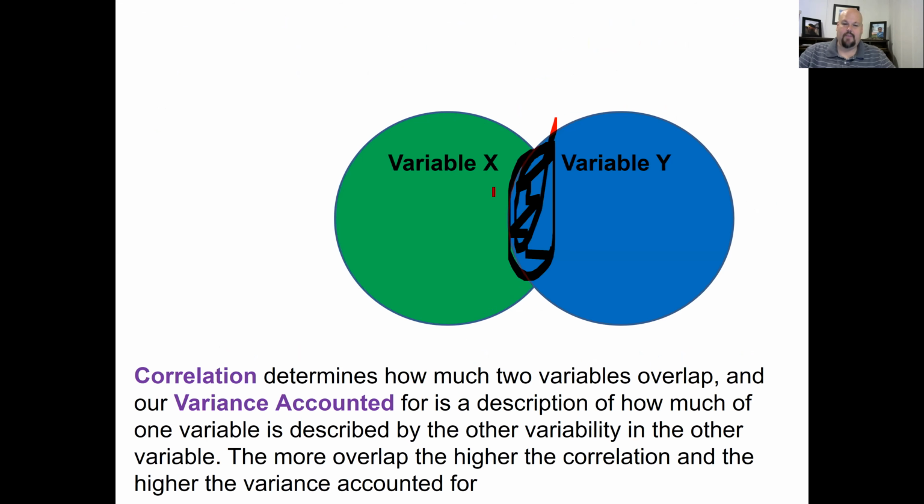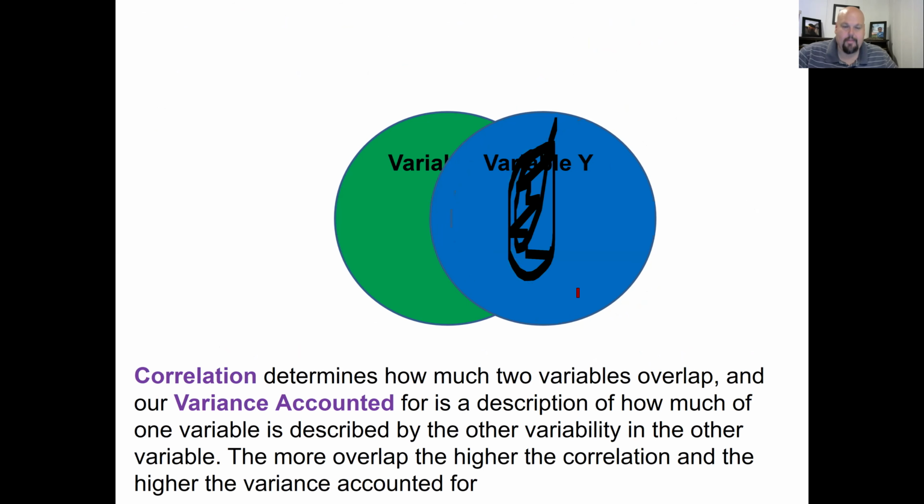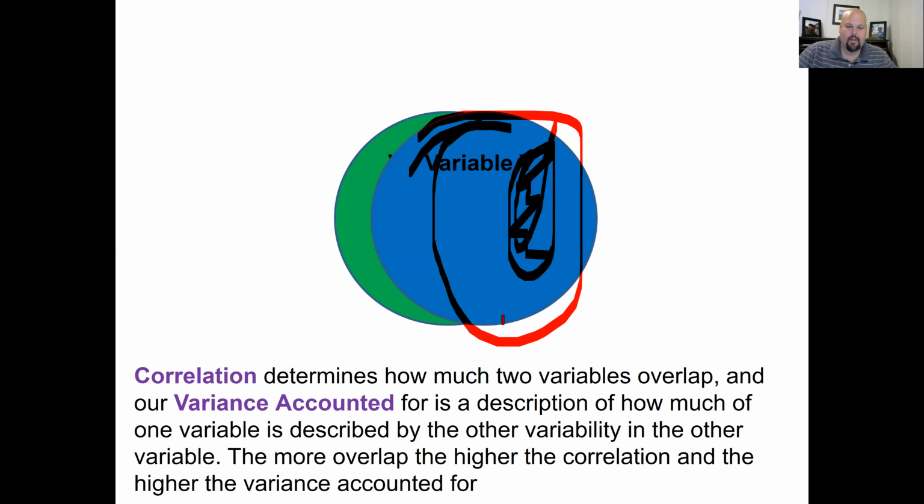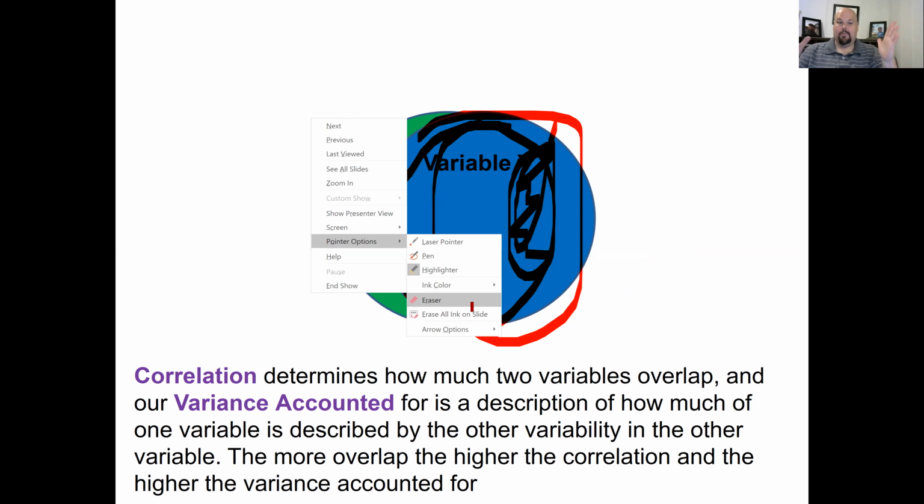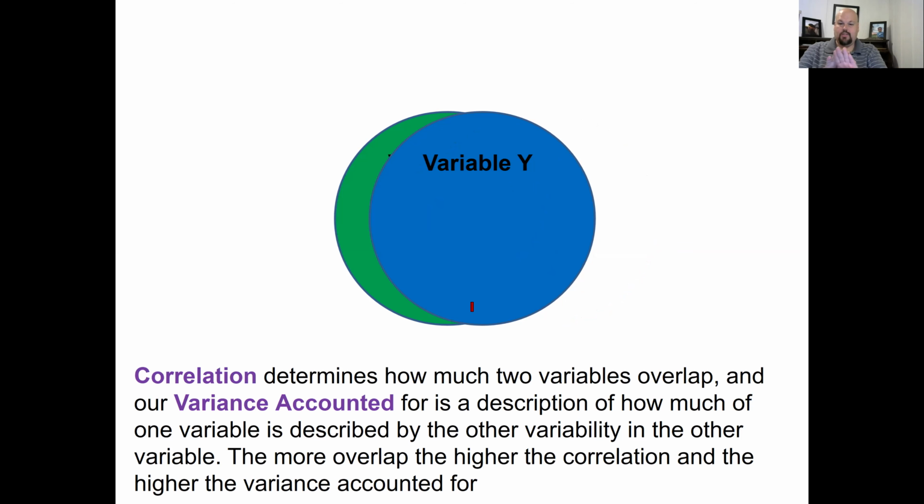That is how much of X is being predicted by Y. When I go forward, the more overlap there is, the bigger that chunk becomes, right? And so the more overlap relates to the relationship. The more closely overlapped those two things are, the larger the relationship, the larger the correlation between those two variables.